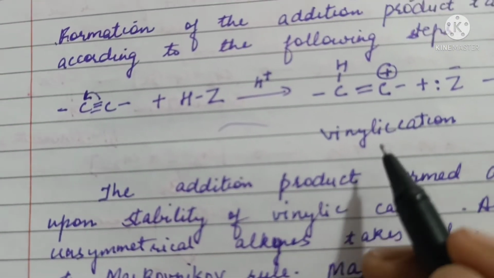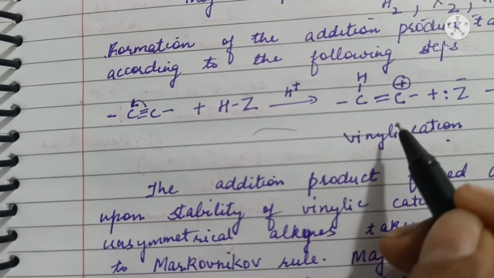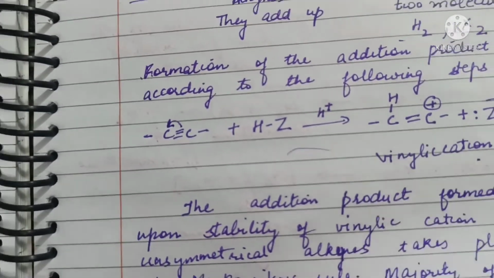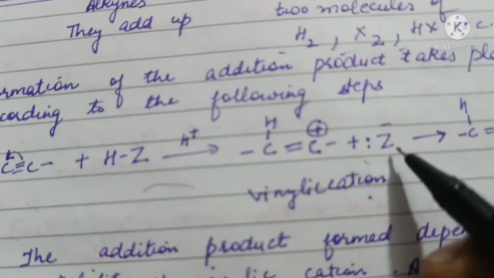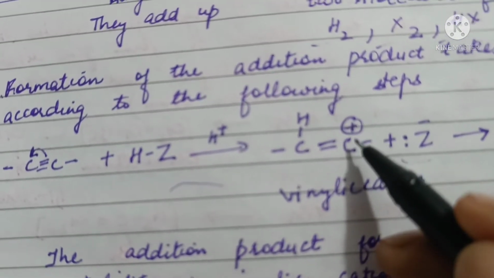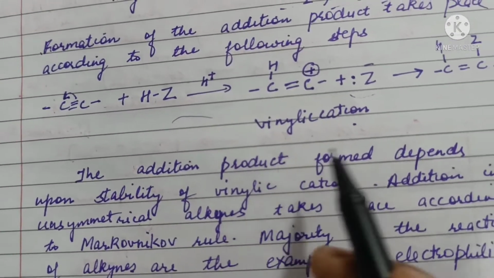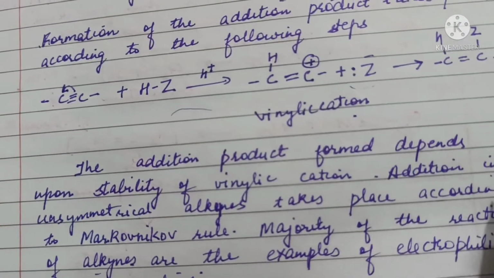This cation is a vinylic cation. Now the product is formed with respect to stability. That cation will be formed which will be more stable, and then in the second step, the negatively charged nucleophile will get attached on the positively charged carbon atom to form this addition product. The addition product formed will depend upon the stability of the vinylic cation.